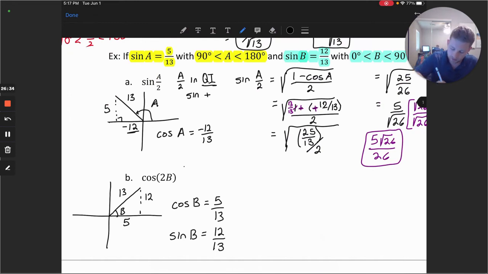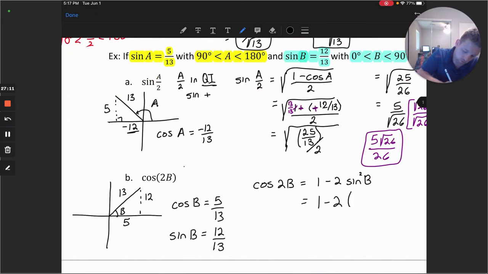So let's consider now the cosine of 2B. We can represent cosine of 2B in a number of ways that we've worked with so far. Let's just use one representation: 1 minus 2 sine squared B. That's one way we can solve this. We know the sine function to be 12 over 13, so we'll just use that right off the bat. This will be 1 minus 2 times 12 over 13 quantity squared.